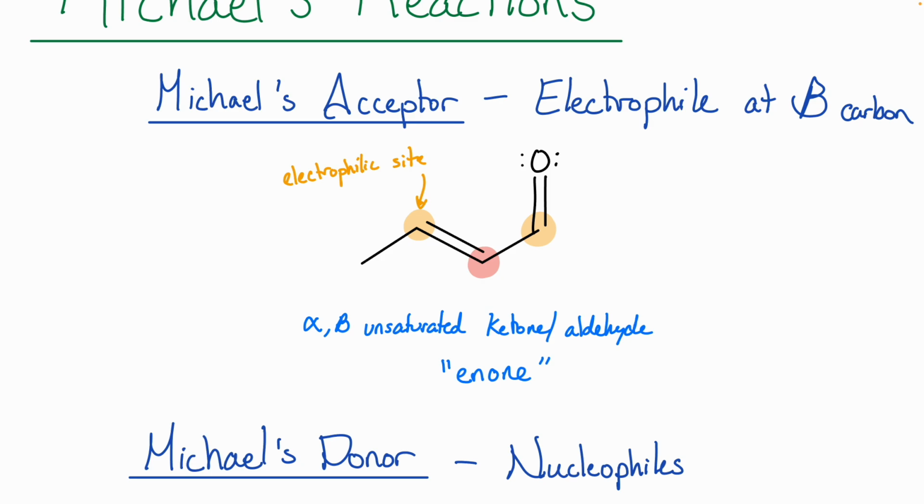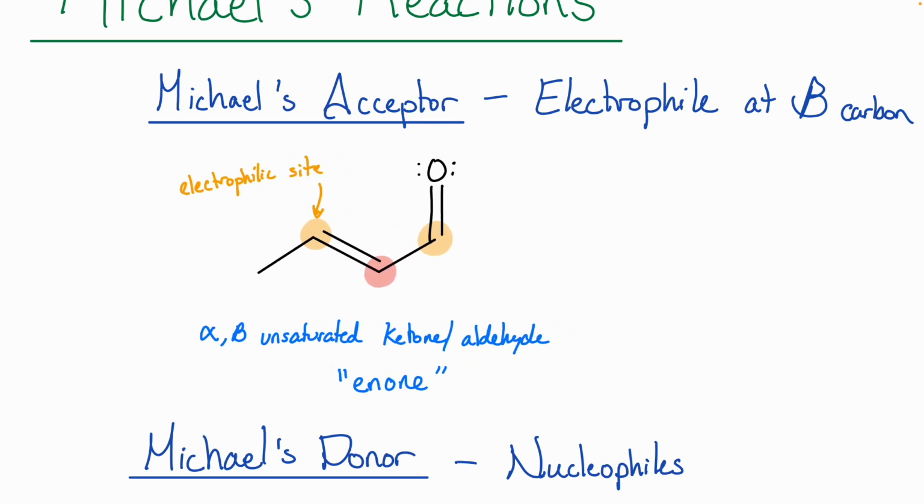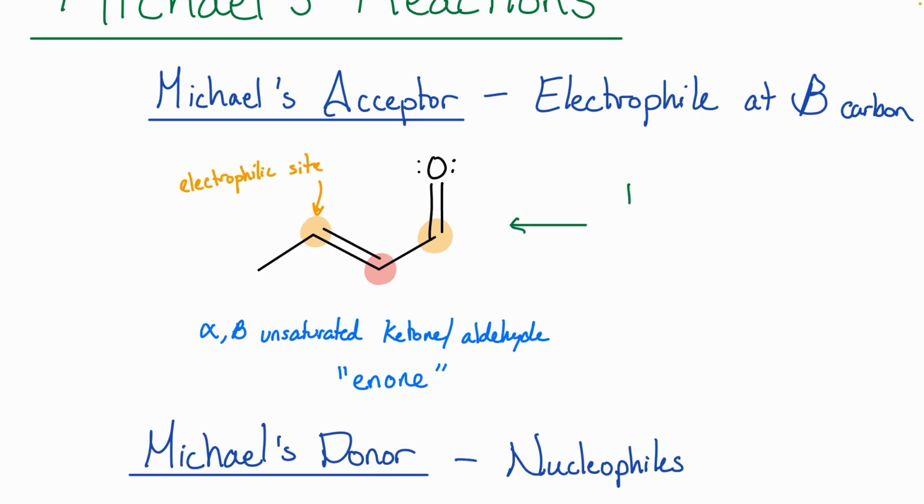One more thing that I want to say about this before we finish up, because it's going to be important for how we can piggyback a bunch of reactions that we've learned onto one another. All right, these alpha beta unsaturated ketones or aldehydes are the products of those aldol condensation reactions.